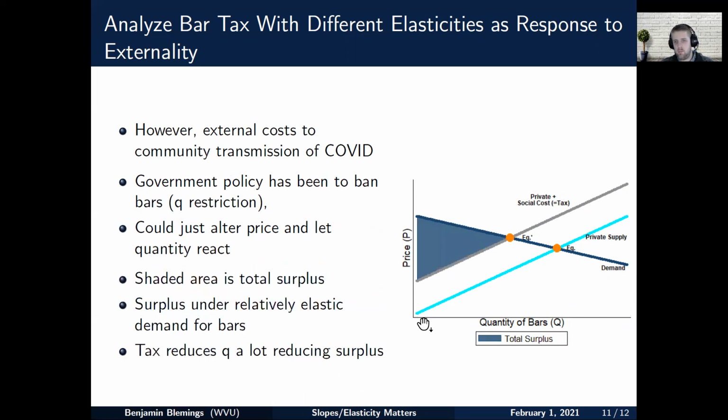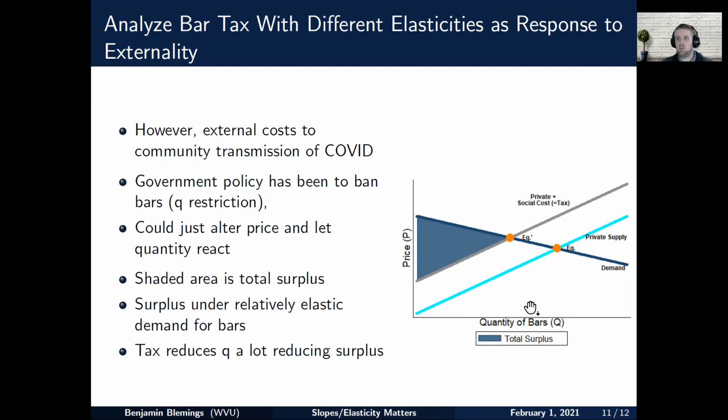And actually, in this case, we have demand being relatively elastic here. That is, people are sensitive to the price of bars. And so, in this case, you see that this whole triangle would be the social welfare with no tax, and then we move back to just this blue triangle with a tax.